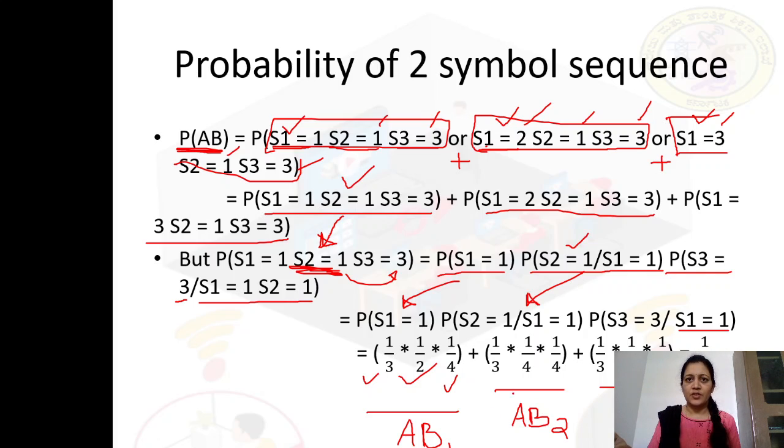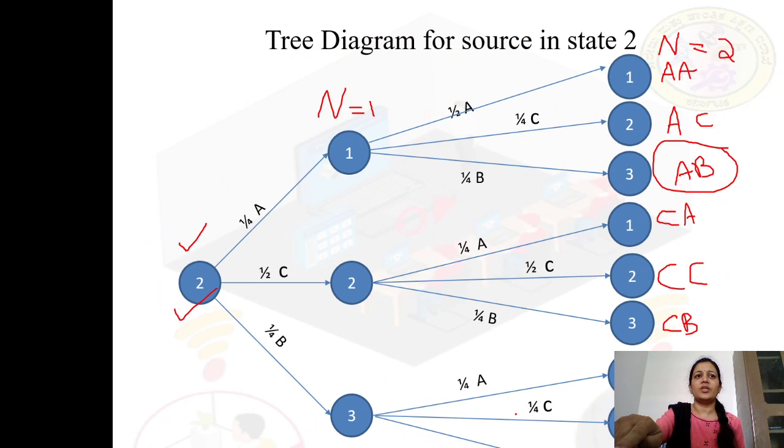Let me consider this one. When you consider state 2, what is the probability of getting the sequence AB? For that I will go to the state 2 tree diagram. So what is the probability of getting AB? The state probability is 1 by 3, right?